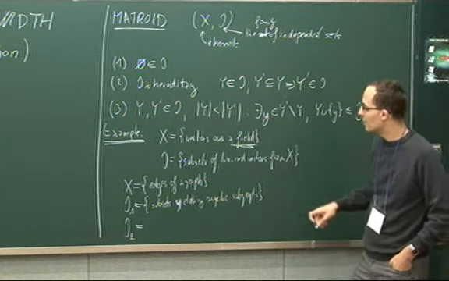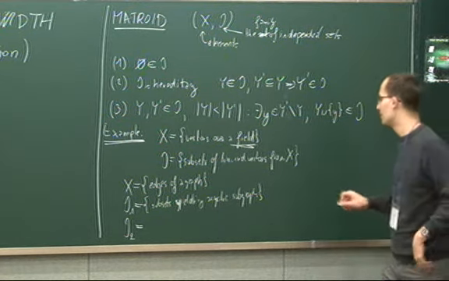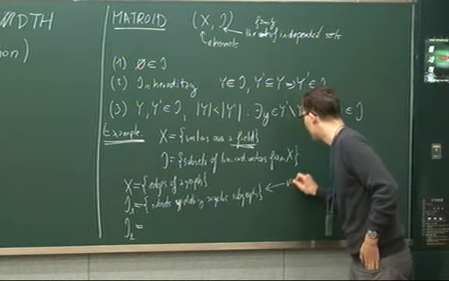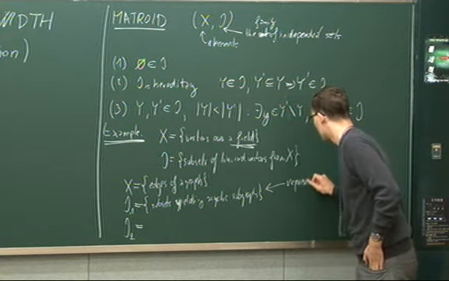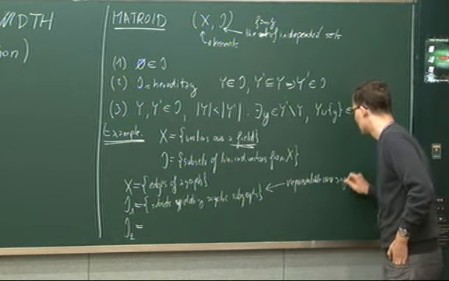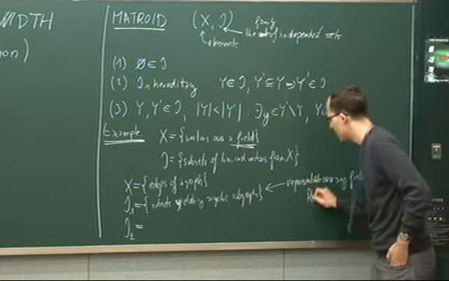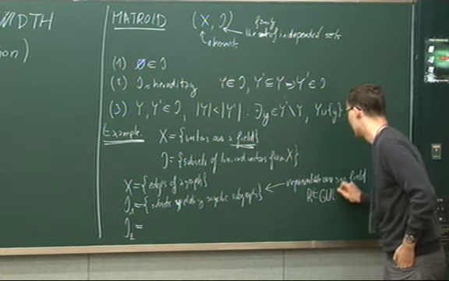And it is well known that matroids that are obtained in this way are representable over any field. So such matroids are representable over any field. And matroids that are representable over any field are called regular.